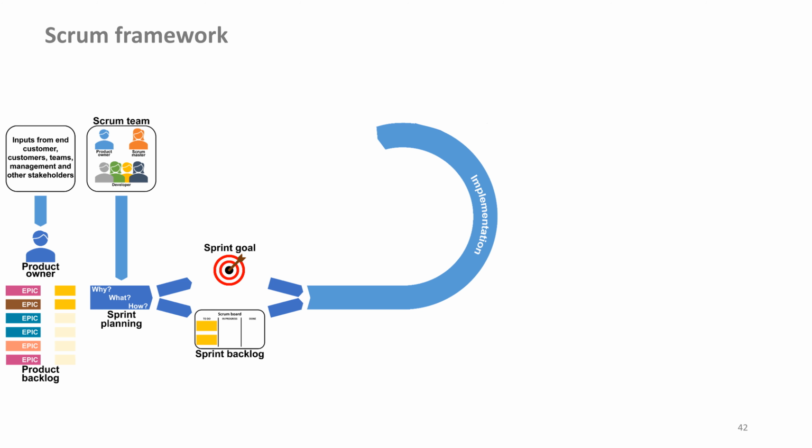For bug fixes, where we know exactly what we are doing, the overhead of all the roles and events is probably too high to justify it. This means that in a complex environment, Scrum has many advantages, but in a complicated environment, we are probably shooting at sparrows with cannons.